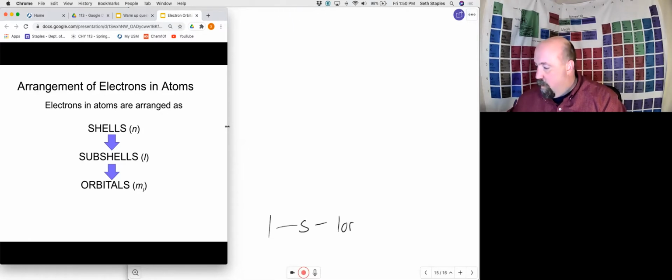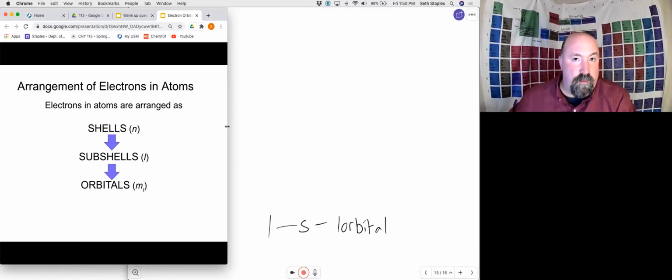And so there's one orbital in the S sublevel, because remember, the S sublevel holds 2 electrons total. One orbital holds 2 electrons. So the S sublevel consists of one orbital, and the first Bohr shell consists of just one orbital.